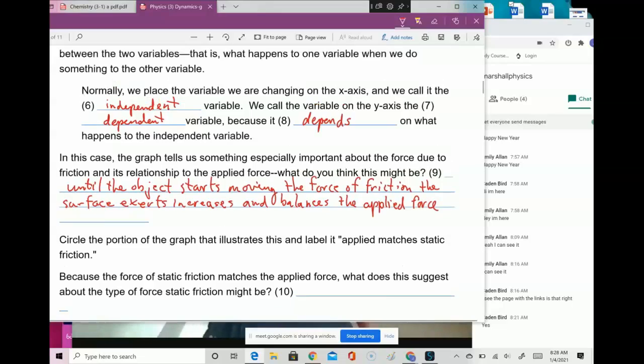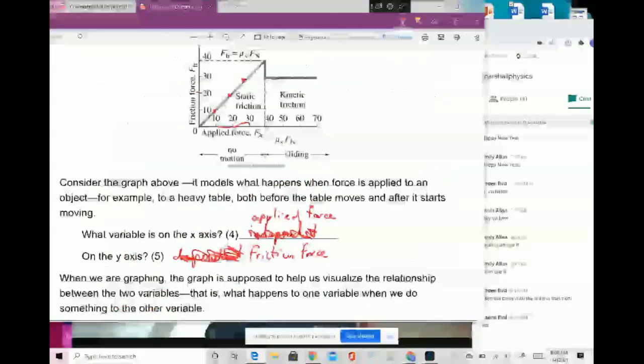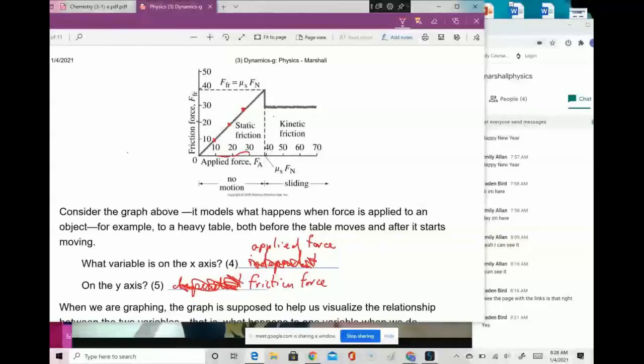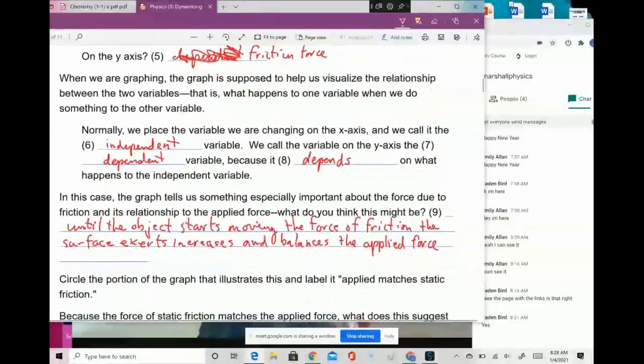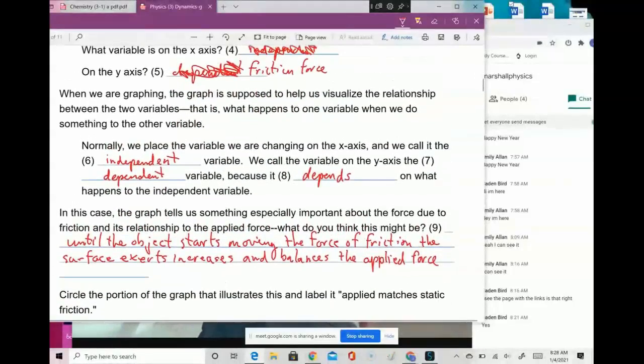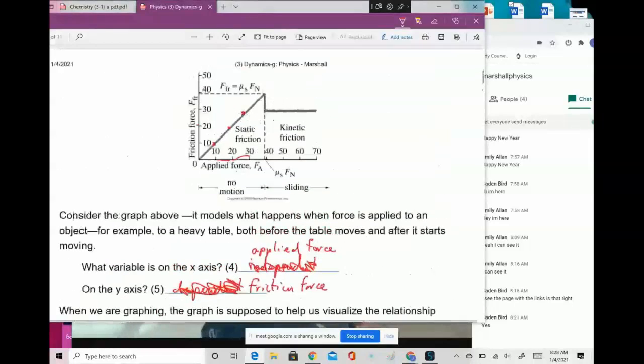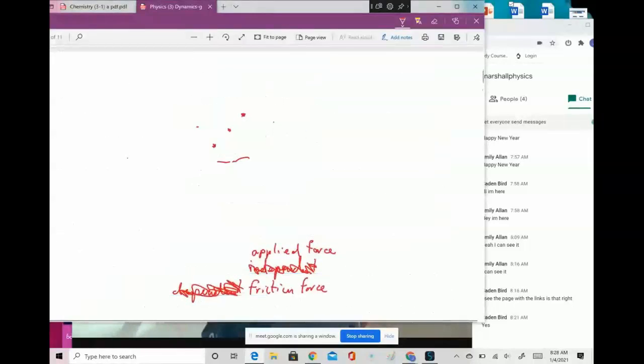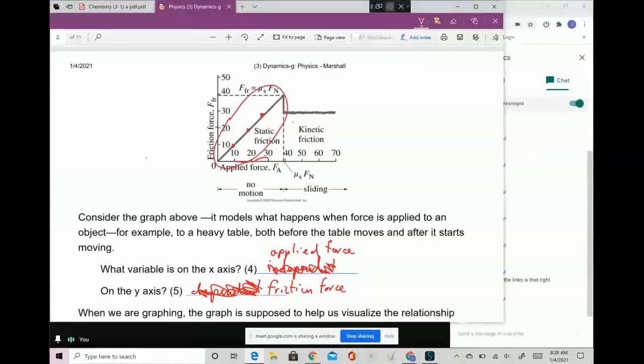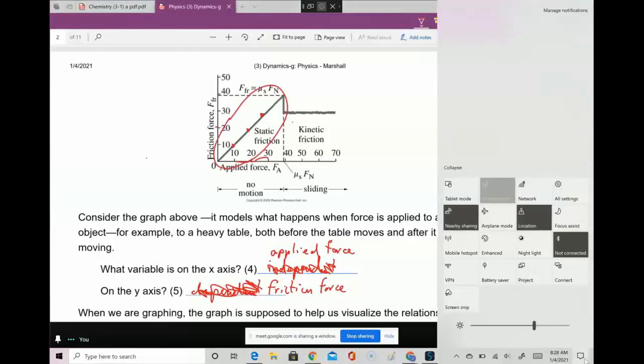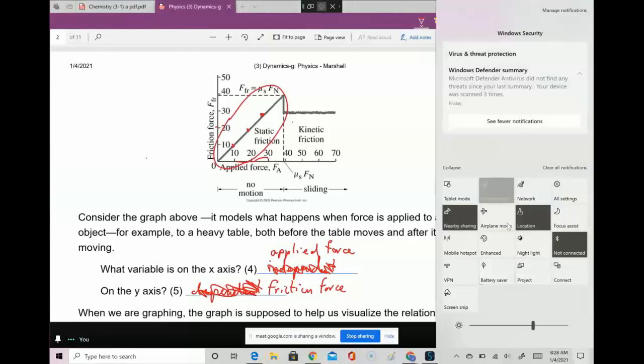Okay, so I want you to circle the part of the graph that illustrates this and label it applied matches static friction. So hopefully you agree that this is the, oh shoot. And why would that happen?